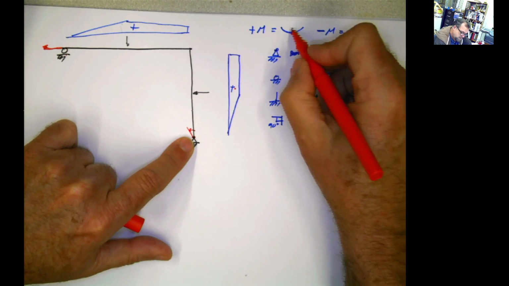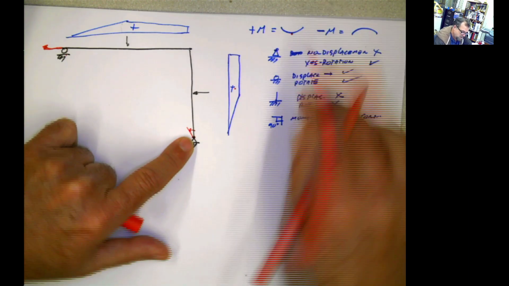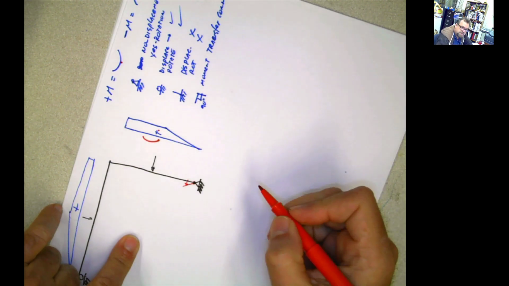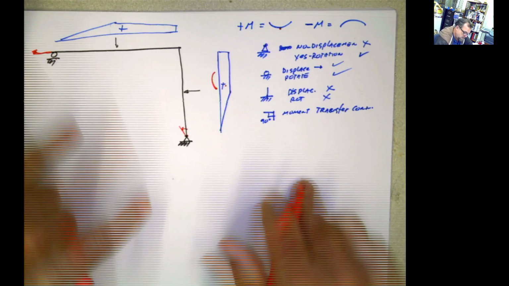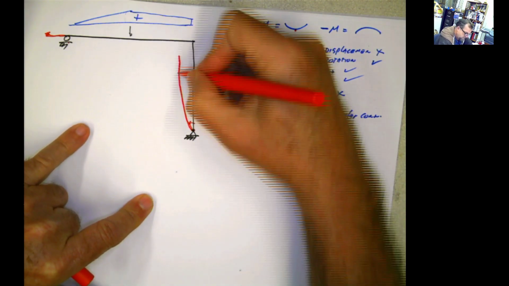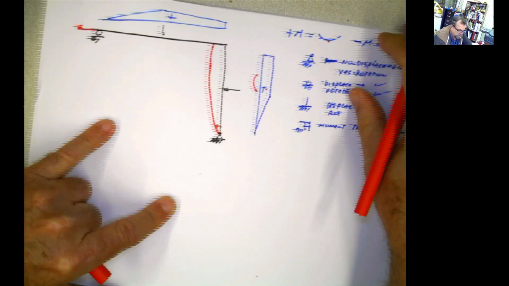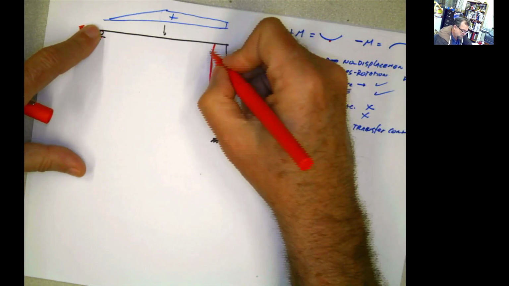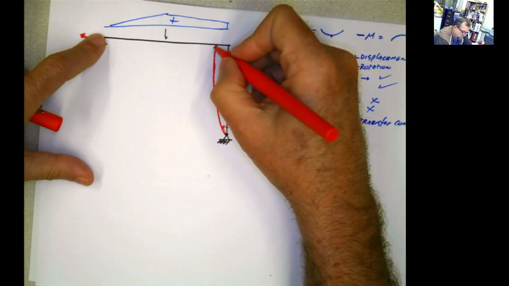And on top of that, this is a positive moment. What that means is that the shape, if you look at it like that, is going to be like that, happy face. So then you're going to have this part, which is going to look like that. Now what happens with this other part here?